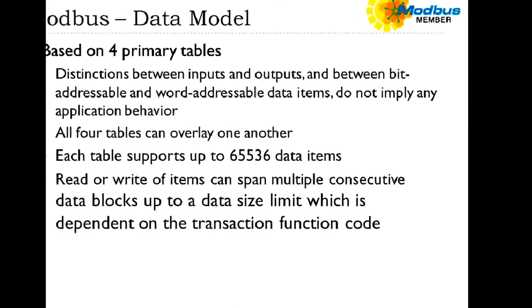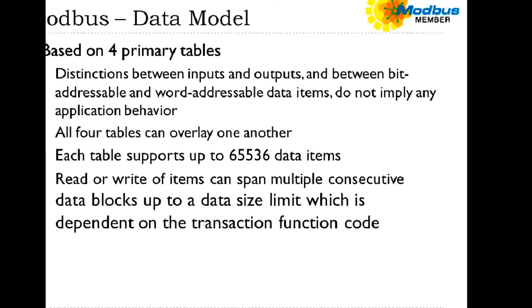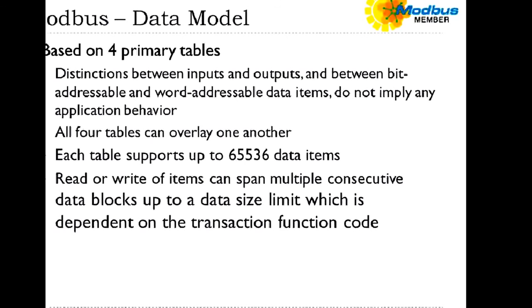The tables can overlay one the other. So I can have a write coil that actually corresponds to a physical memory part, which is overlapping the physical memory part used by a word register. So if I write the word or if I write the coil, I may have the same result because they are overlapping.